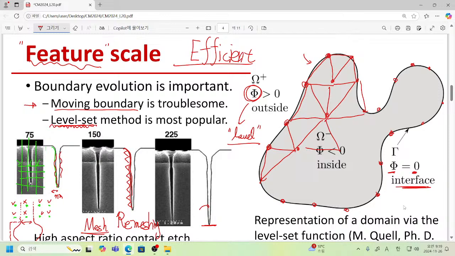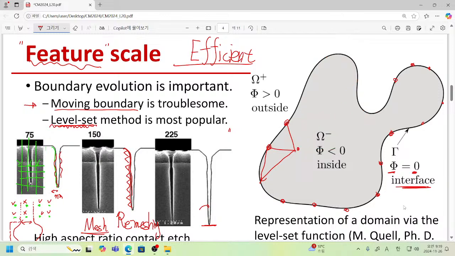So that is the point. Simply speaking, in this description, we don't introduce a mesh attached or particularly fitted to this shape.